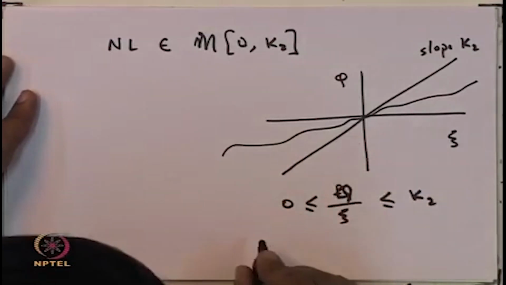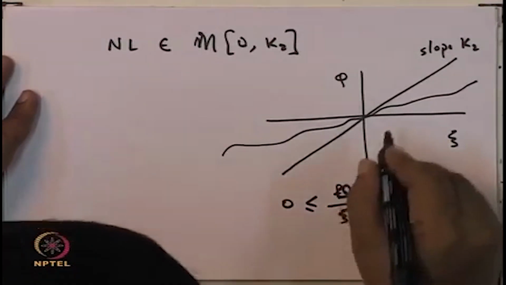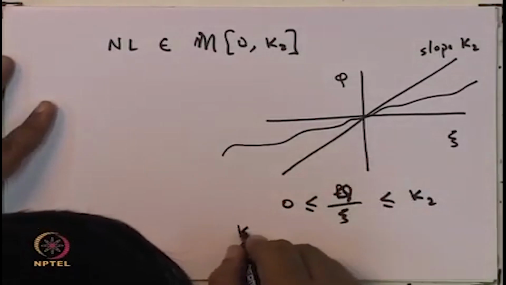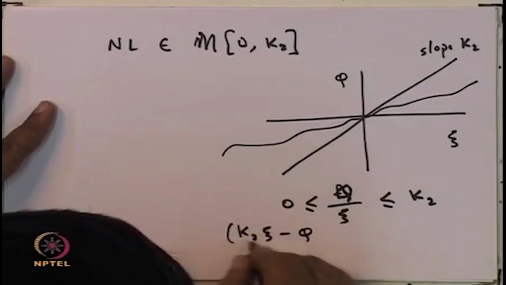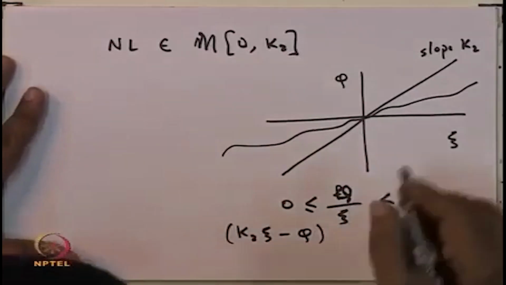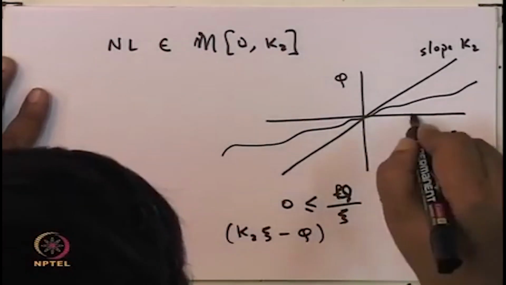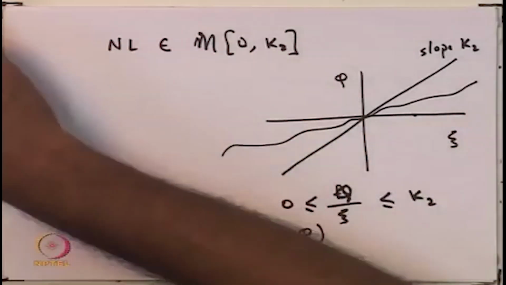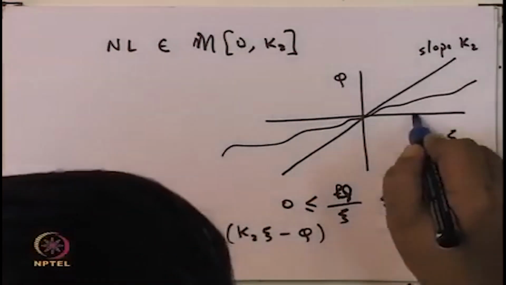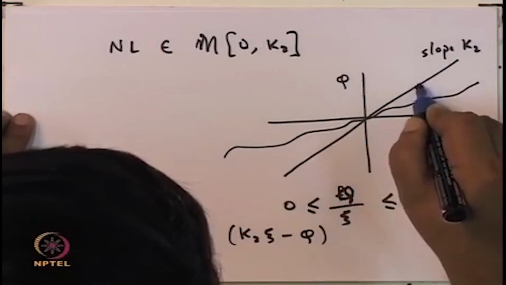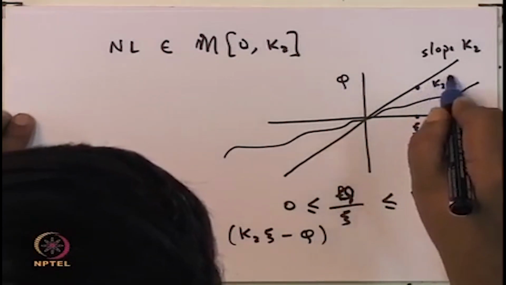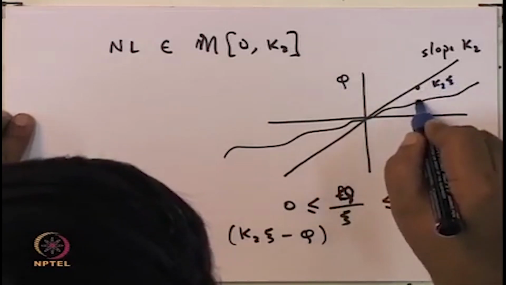You see, if I take K2 psi minus phi, suppose I take some point psi. So, this point here is K2 psi and the corresponding phi is this.